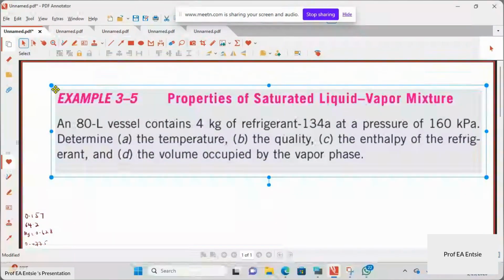Determine A, the temperature; B, the quality; and D, the volume occupied by the vapor phase. Are you okay? All right, so we'll do this one together.